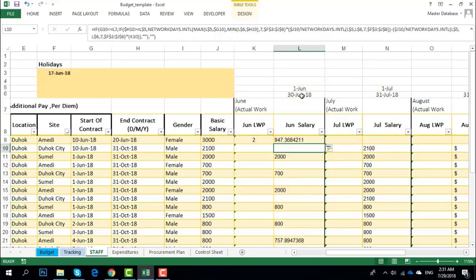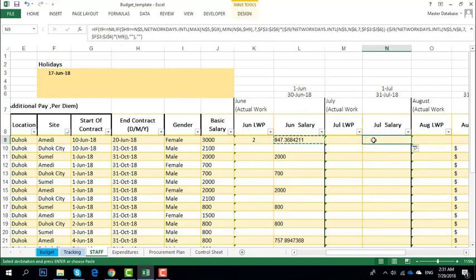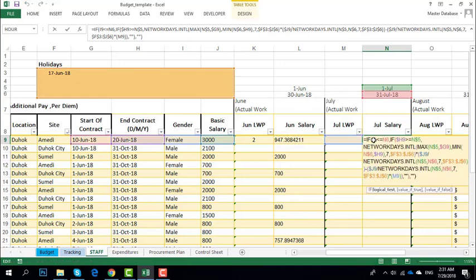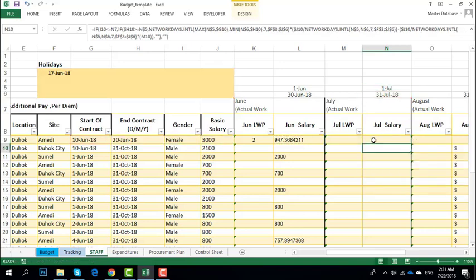Nice. What does it mean? If I copy paste, I put it here, now it's done. Okay, what does that mean?